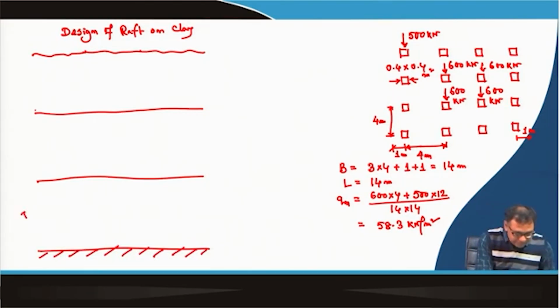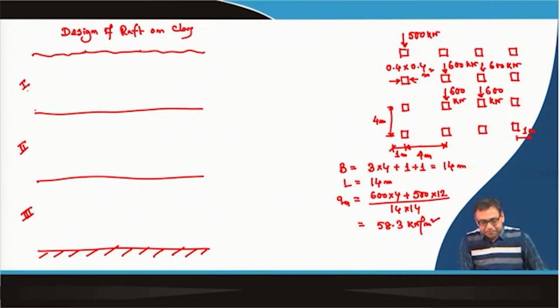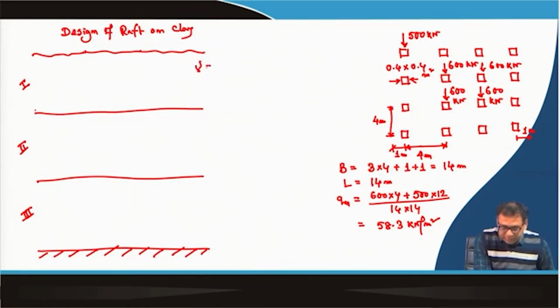So, this is the third layer, this is the second layer, and this is the first layer. The properties of the first layer are given: the unit weight is 18 kilonewton per meter cube.